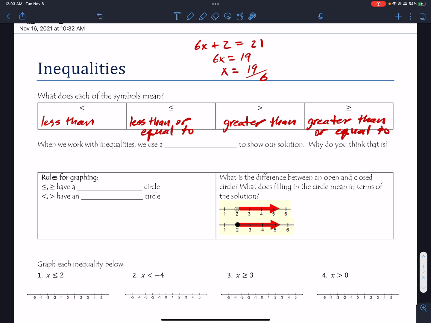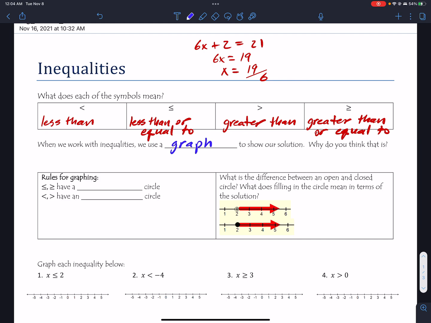Notice the difference between less than or equal to and just less than, and greater than or equal to versus greater than. This little equal sign on the bottom means that our variable can actually equal whatever number we come up with. It doesn't just have to be less than that number. So when we work with inequalities, we use a number line or a graph to show our solution.